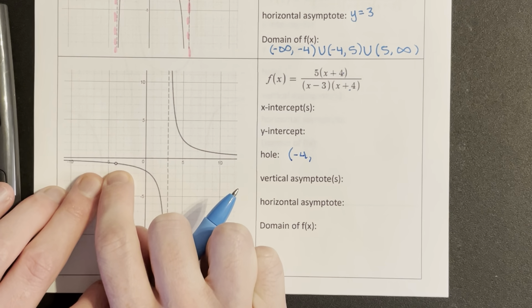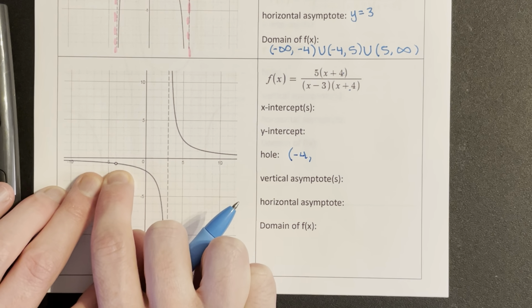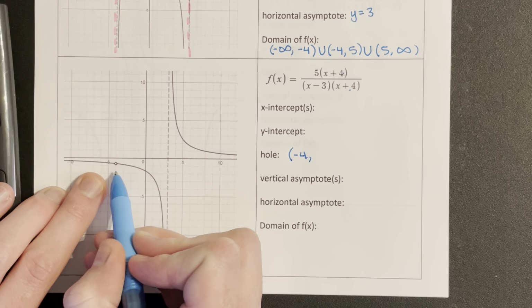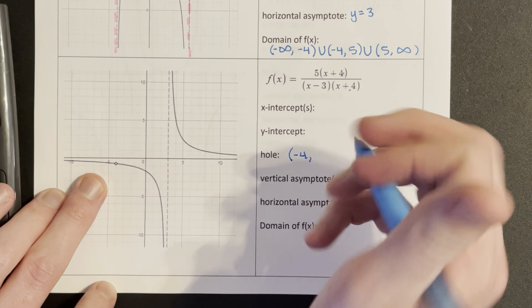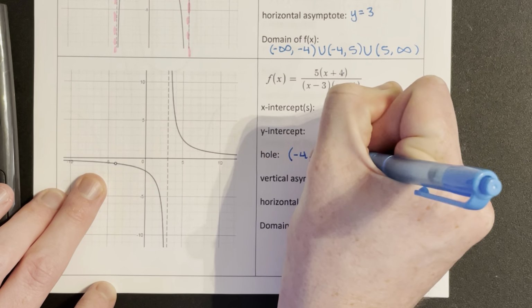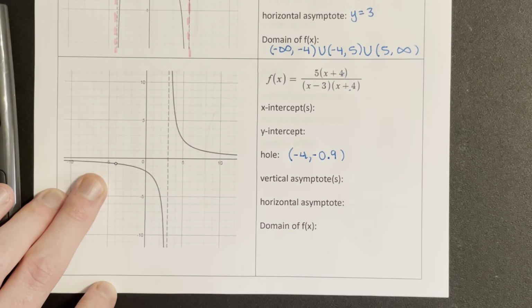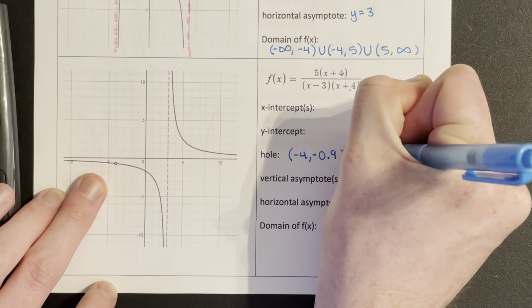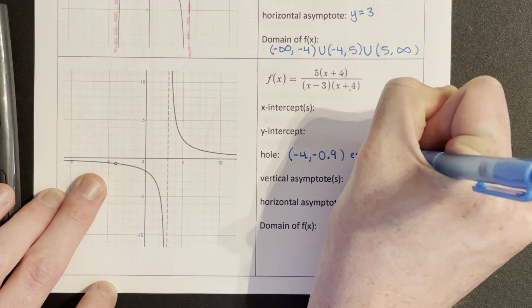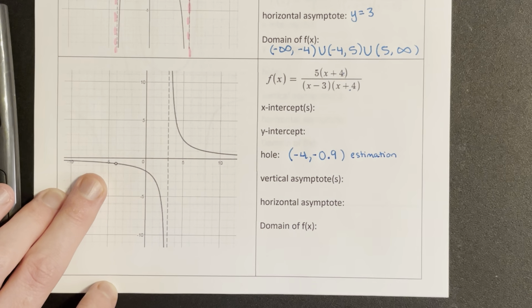And you'll have to estimate what that y value is. It's just above -1, so maybe -0.9 for us right now. And that's just an estimation. We'll talk about how to find that algebraically in the next video.